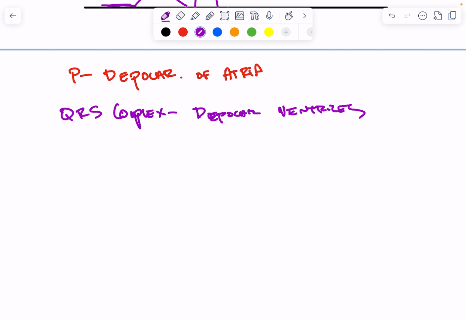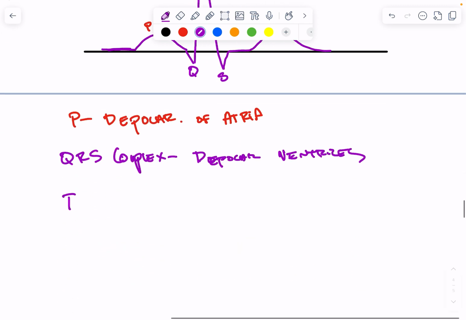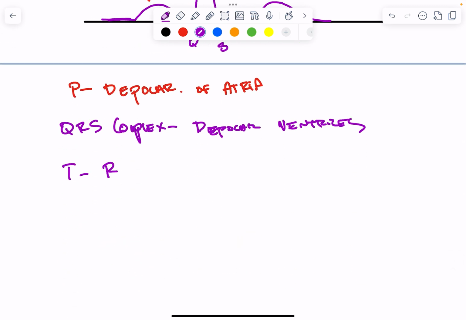And then what you're going to see is the T wave. The T wave looks like this. The T wave is the repolarization of the ventricles.